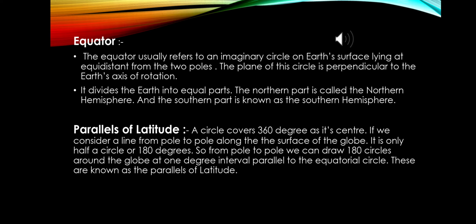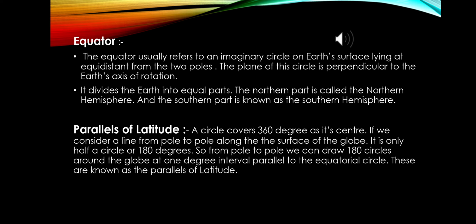The northern part is known as the northern hemisphere and the southern part is known as the southern hemisphere. Okay, parallels of latitude. The total Earth surface is 360 degree at its center, and if we consider a line from the North Pole to the South Pole along the surface of the globe, it will only be a semicircle or 180 degree.